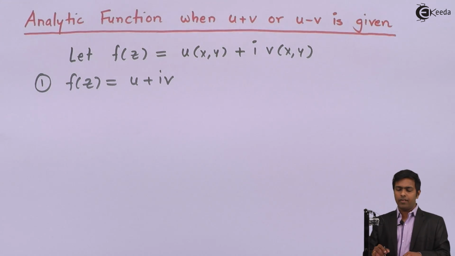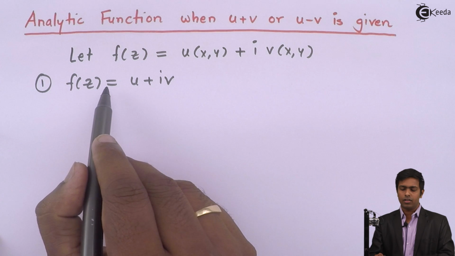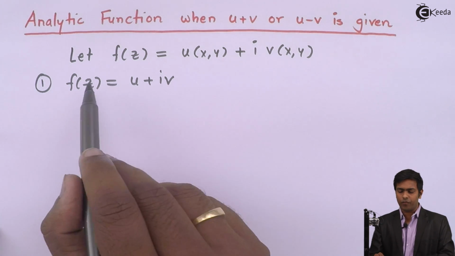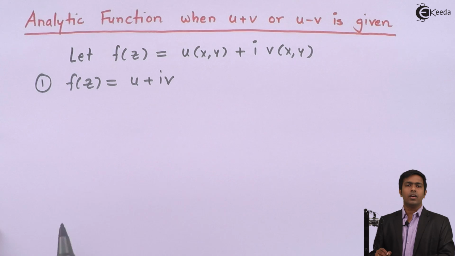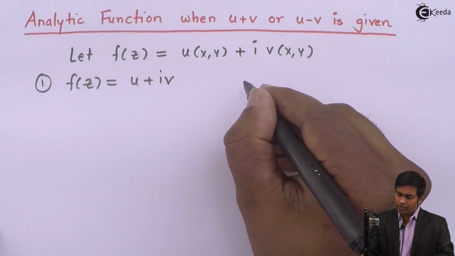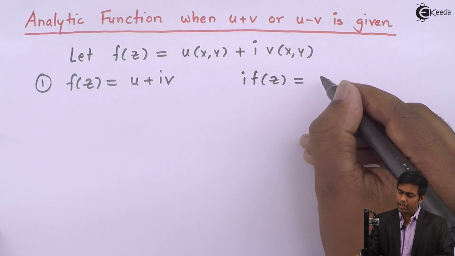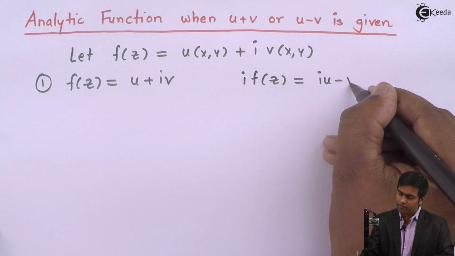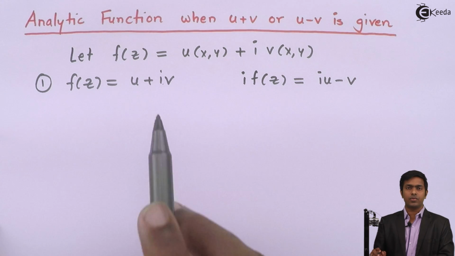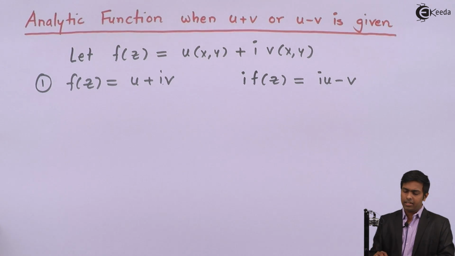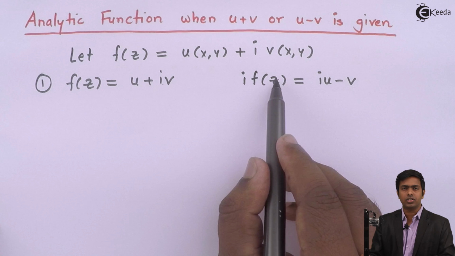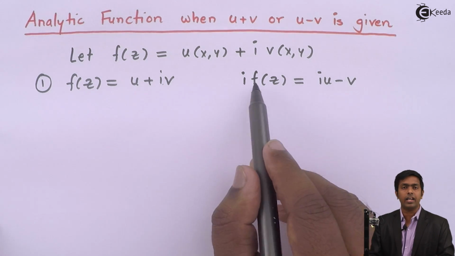For that I will multiply this equation f of z equal to u plus iv with i. So here we will get i into f of z is equal to iu minus v, because i square is minus 1. After that we are going to add these two functions, that is f of z and i f of z.